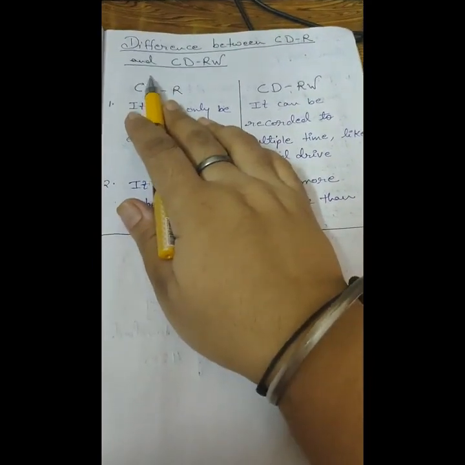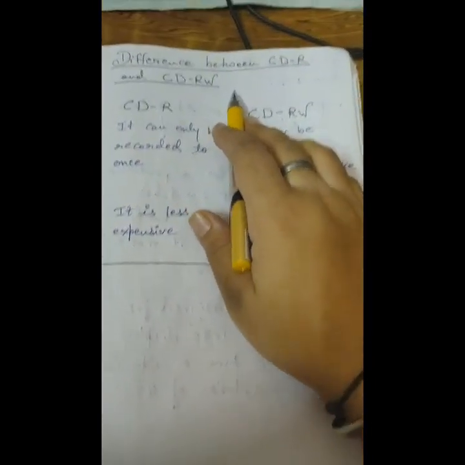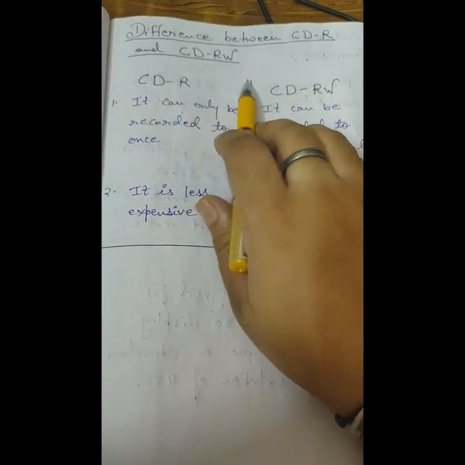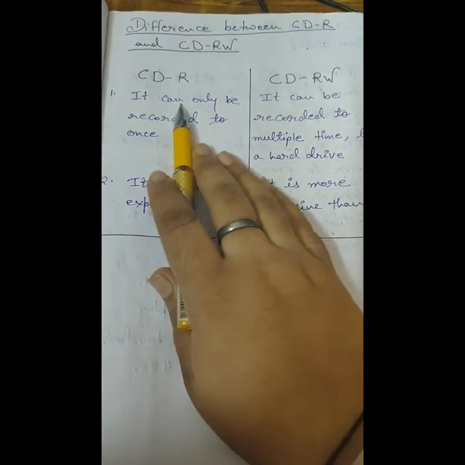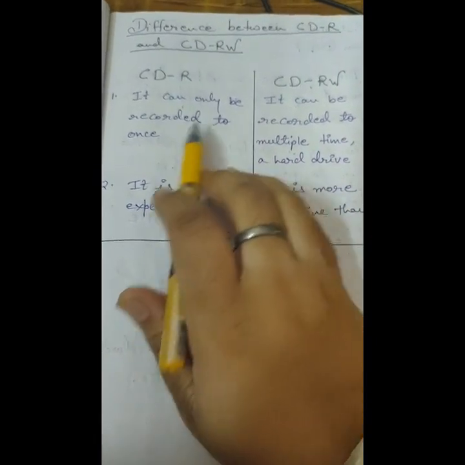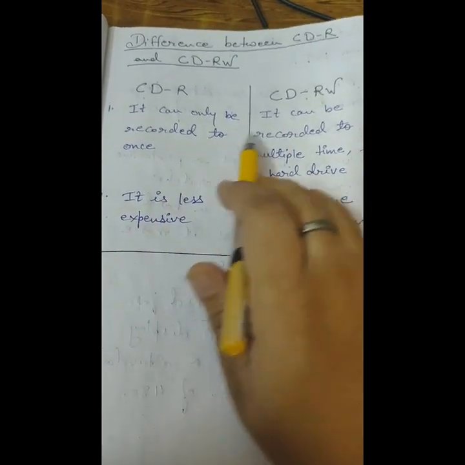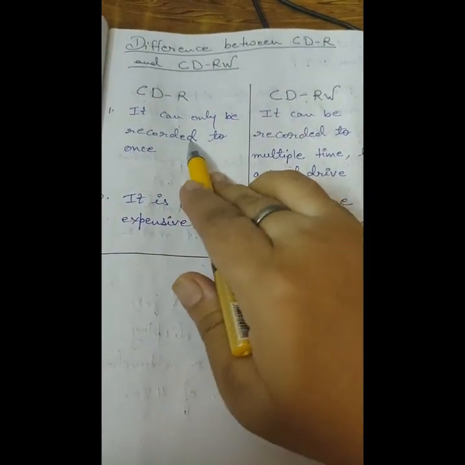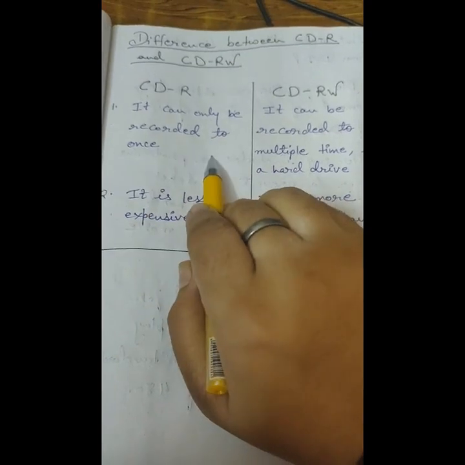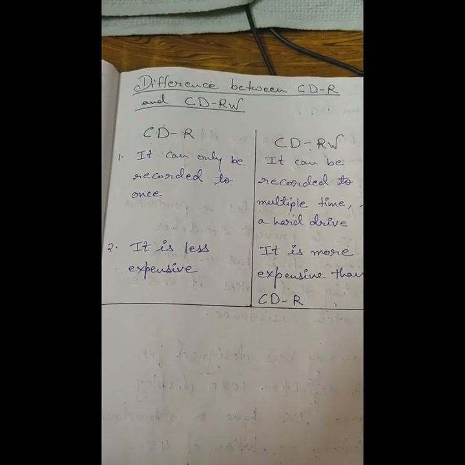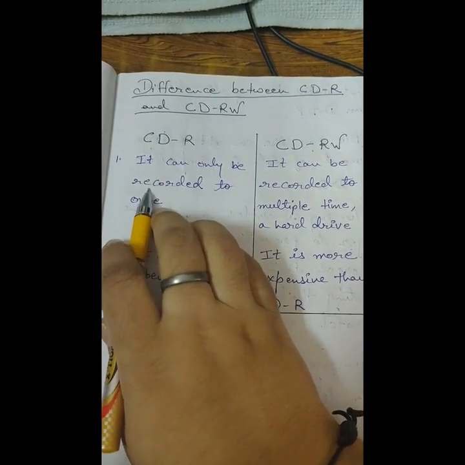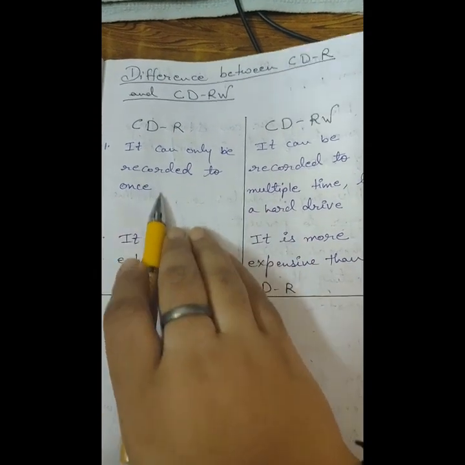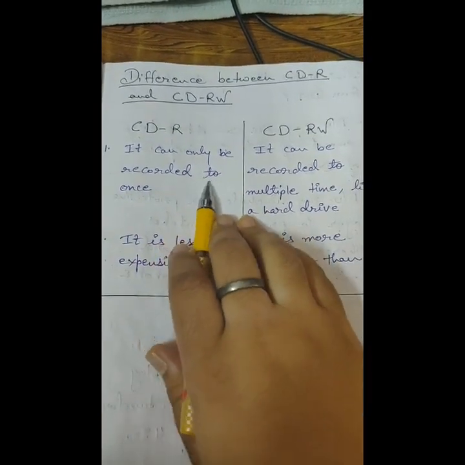Our next difference is between CD-R and CD-RW. CD-R can only be recorded to once. As you know, once data is saved in CD-R, it cannot be changed.